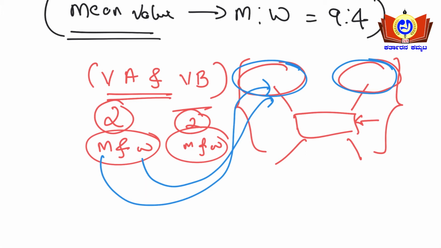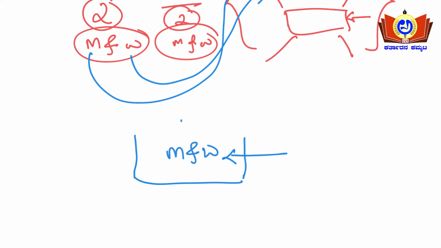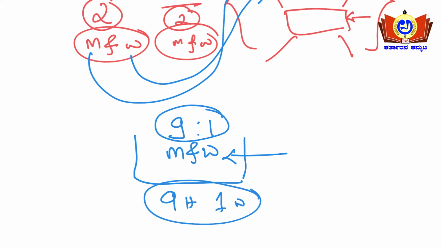See friends, I'll explain with an example how this works here. Consider there is a tumbler here, and there is a mixture of milk and water. 9:1 is the ratio, that is nothing but 9 liters of milk and 1 liter of water. So the total quantity of milk and water is 10 liters.